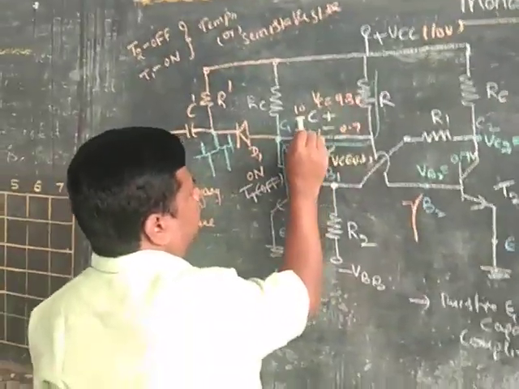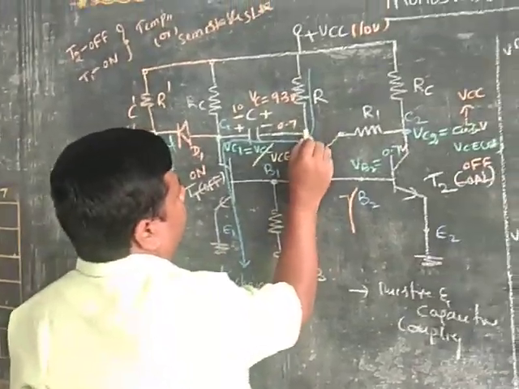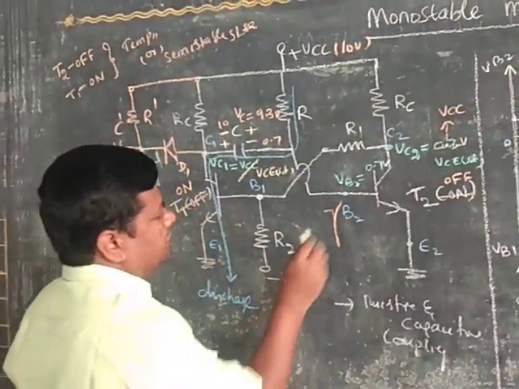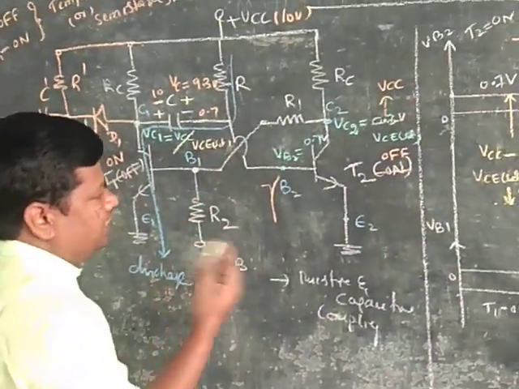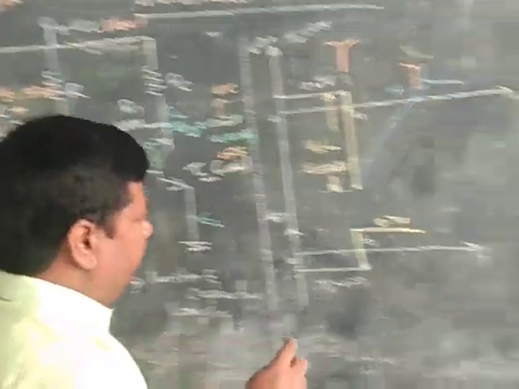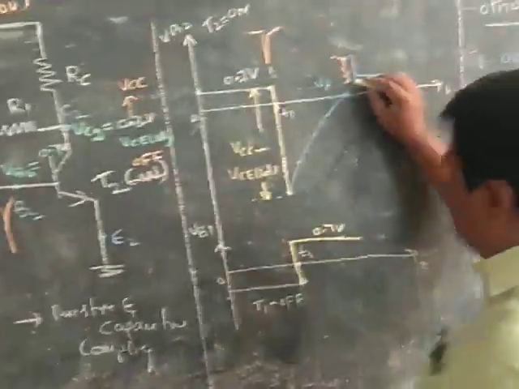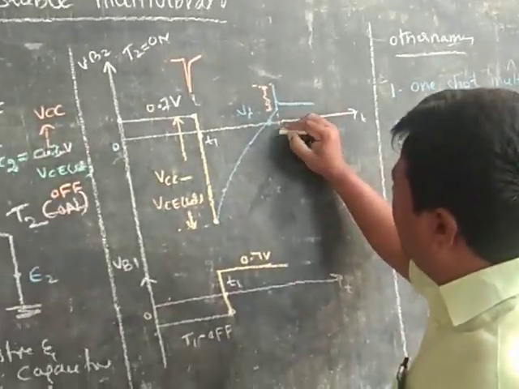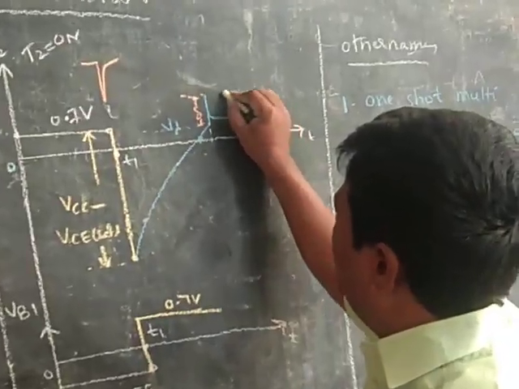This is plus symbol, this is minus symbol. This plus symbol is directly connected to the base of the T2 transistor. As the capacitor charges, VB2 also rises. Whenever VB2 just crosses the cut-in voltage, then immediately the T2 transistor enters into on.